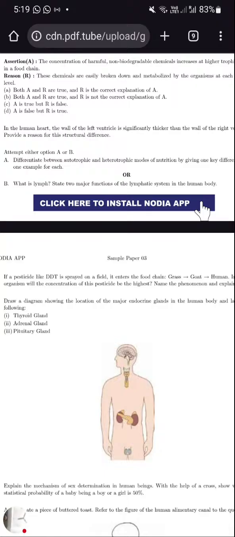And the second function is that it helps in providing immunity to the body. Lymph is a pale yellow liquid which occupies the extracellular part.